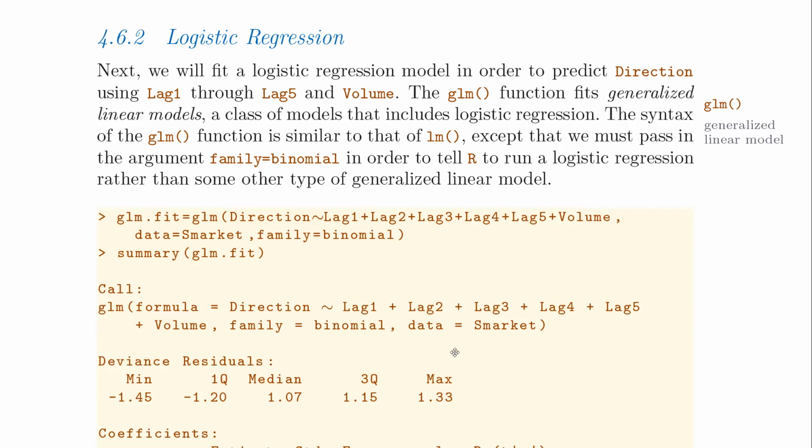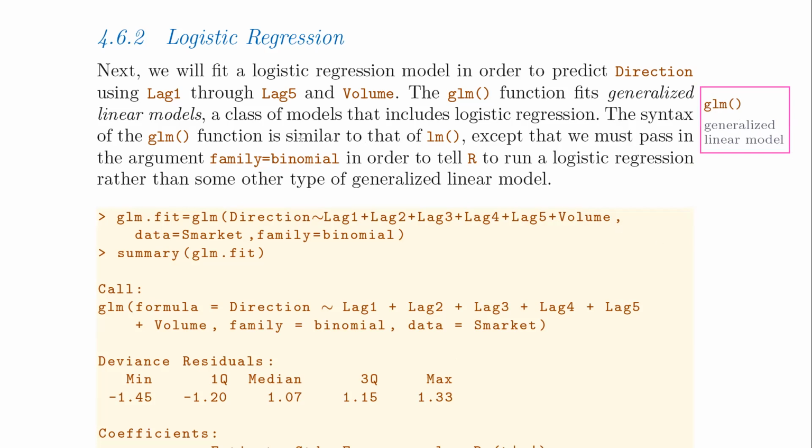The GLM function fits generalized linear models, a class of models that includes logistic regression. The syntax, notice we're not using LM. In fact, it's the first time in this book, you notice something is the first time because it's mentioned in the margins.